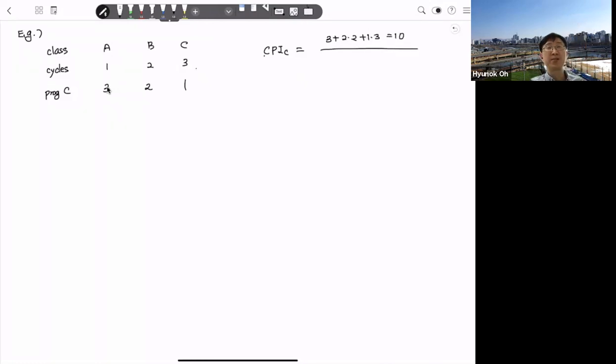How many instructions? 6. Then the CPI is 5/3.